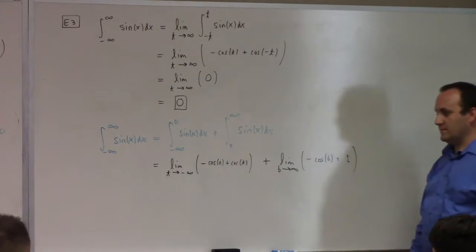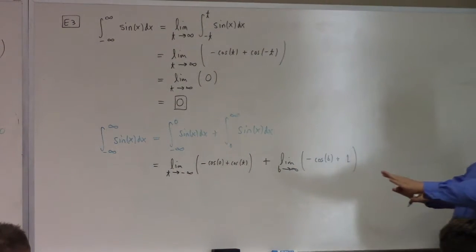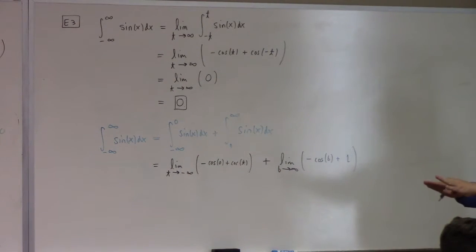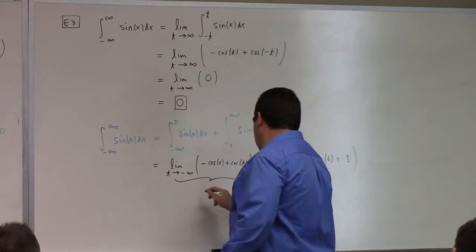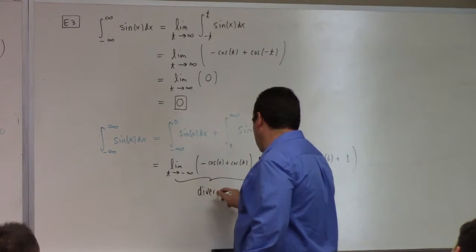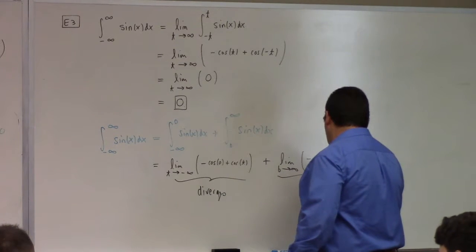Cosine of 0 if you like. The point is, these diverge. These both diverge due to oscillation at infinity or minus infinity, right? This also diverges because the cosine never settles down to something.